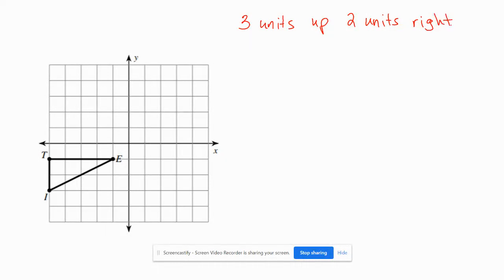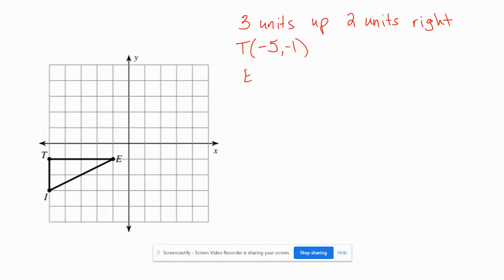Okay. So first off, we can identify the points. Let's do the points first. So if I have point T, this should be -5, -1, right?